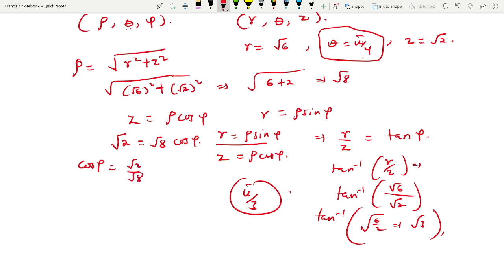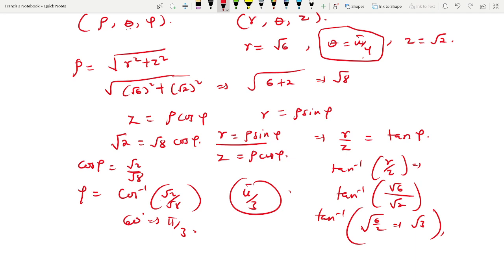So phi should also be equal to cos inverse of root of 2 over root of 8. So let's punch this into the calculator. Cos inverse of root of 2 on root of 8, and that is also giving me 60 degrees, which is pi on 3. So that is how we do it.